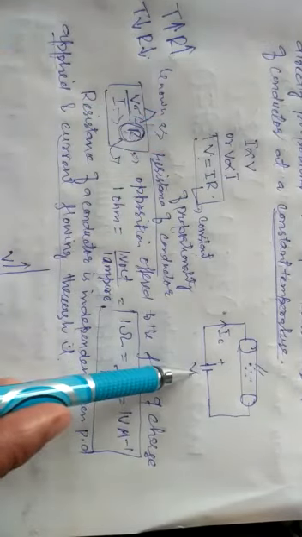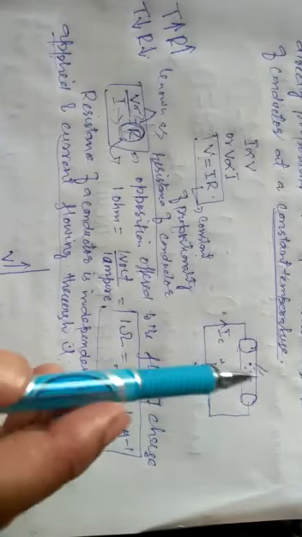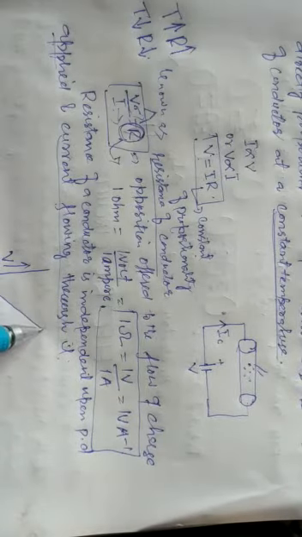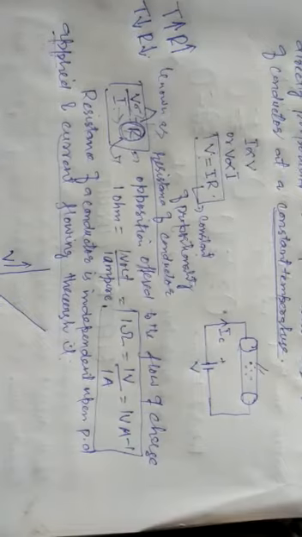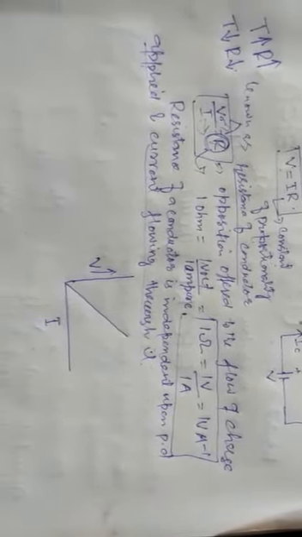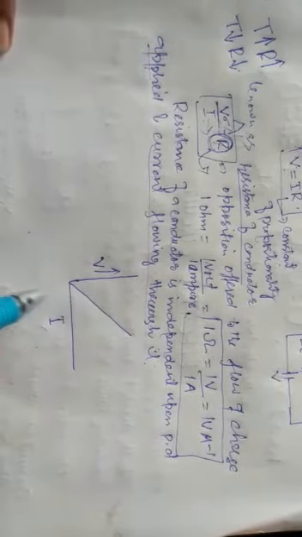Once V is 0, as there is no potential difference applied across the ends of the conductor, there will not be any current. So the graph has to start here, and it will be a straight line. If somebody asks you what kind of graph we are going to draw for Ohm's law, it is simply a straight line passing through the origin.